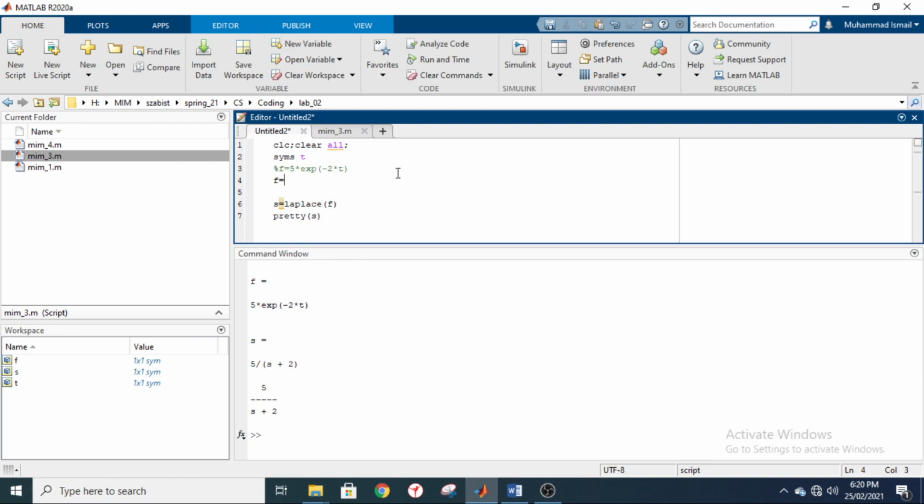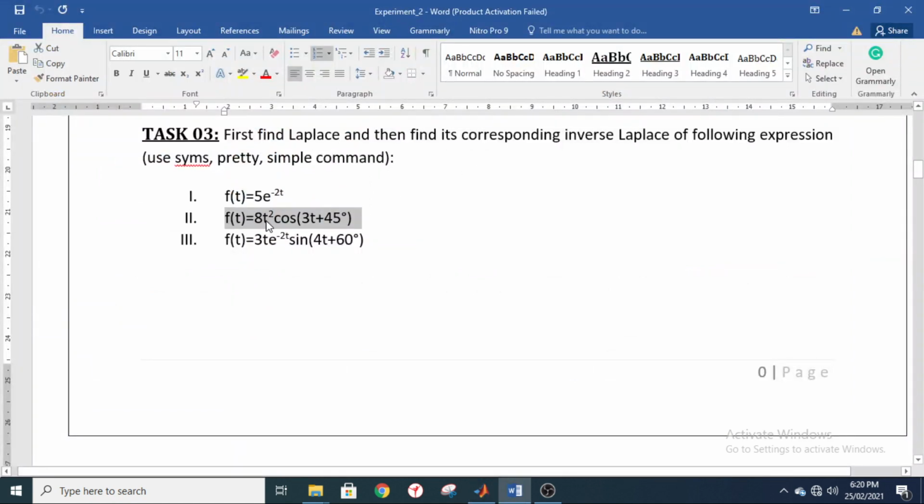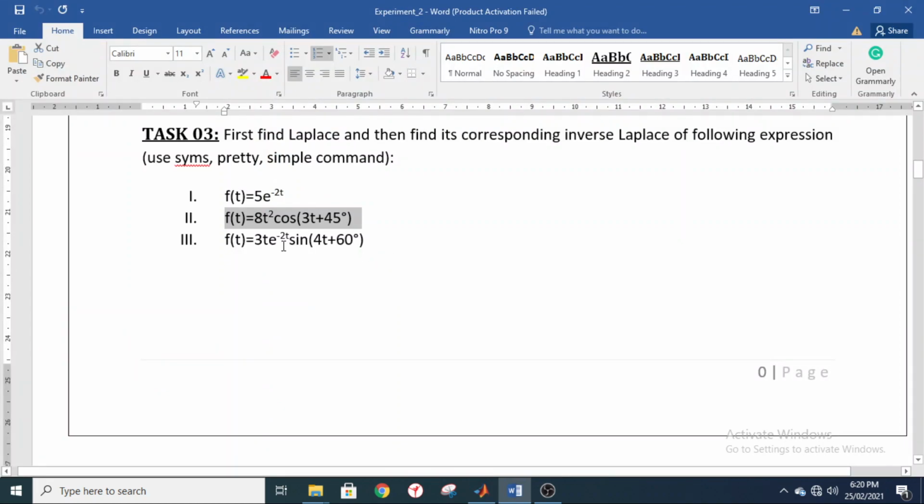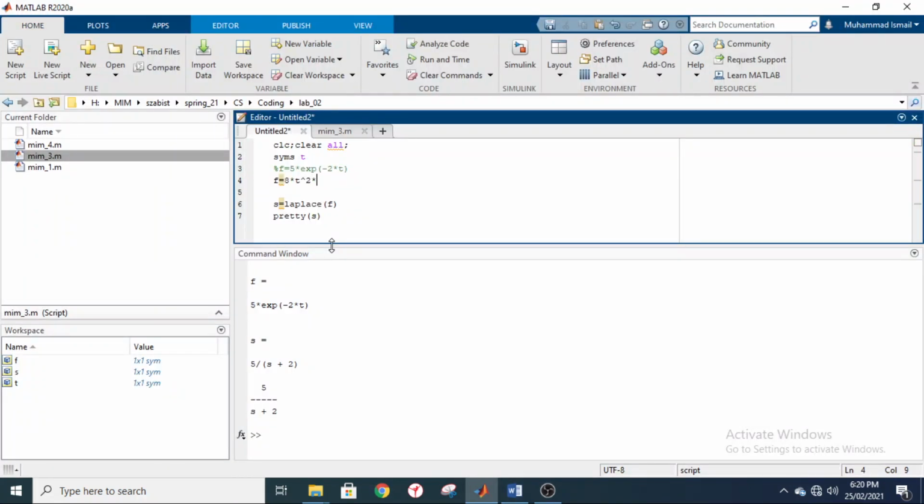And f equals 8 multiplied by t exponent 2, multiplied by cos of 3 times t plus 45 degrees. I will convert it into radian form, and 45 degrees equals pi divided by 4.